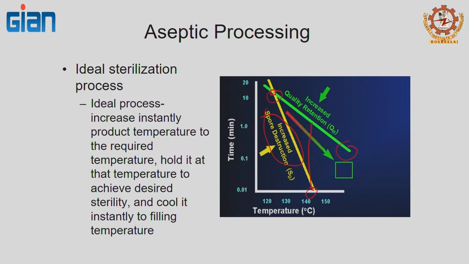So, the concept behind aseptic processing is, can we raise the temperature very quickly to a higher temperature, 130, 140 Celsius, so that you can destroy the microorganisms without damaging the nutrients and the quality attributes.